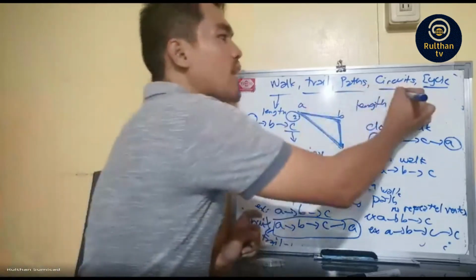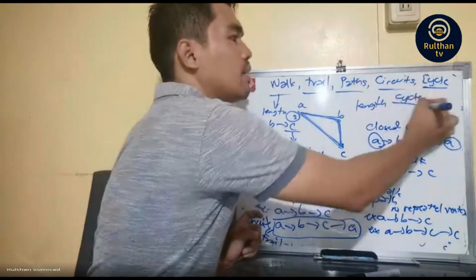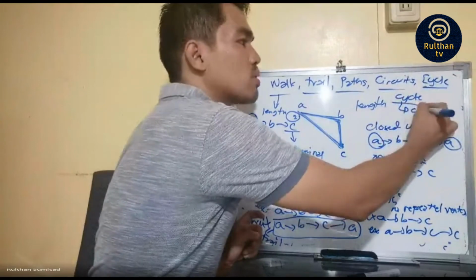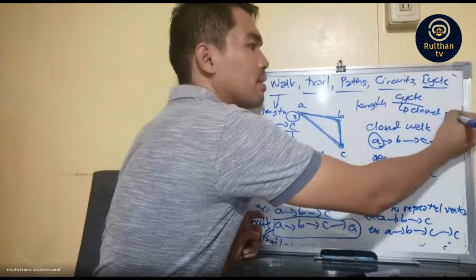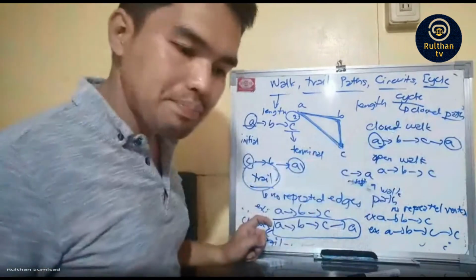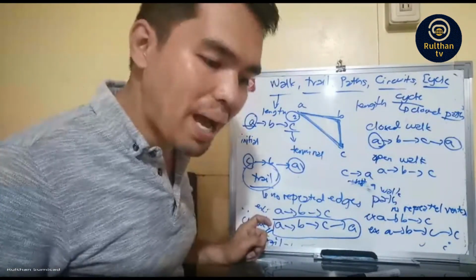Now, when you say cycle, a cycle is a closed path. Wait, I think it's a closed path in a closed trail.